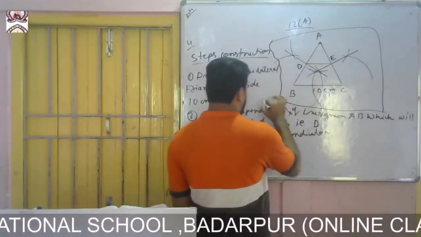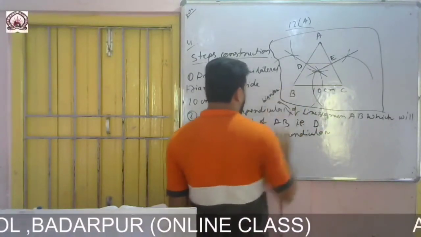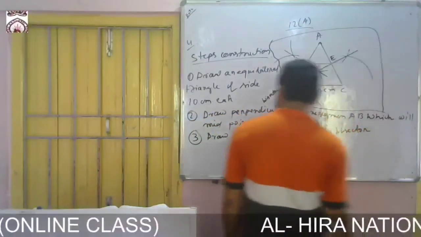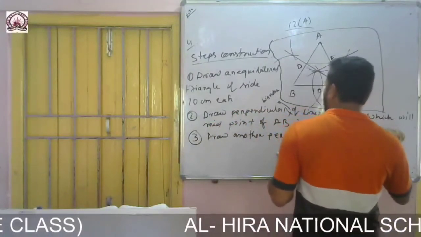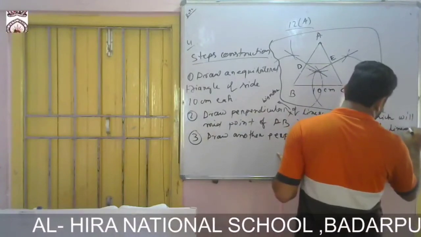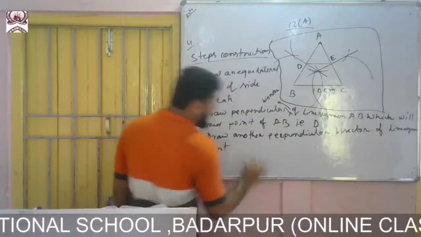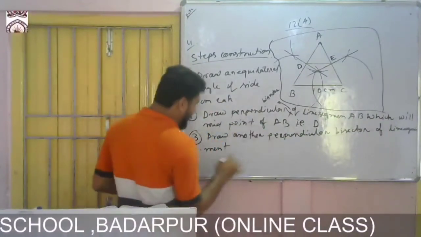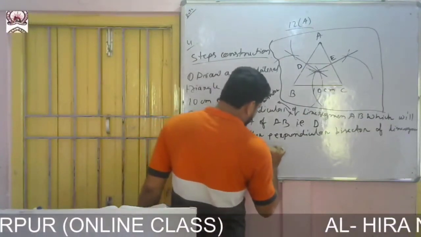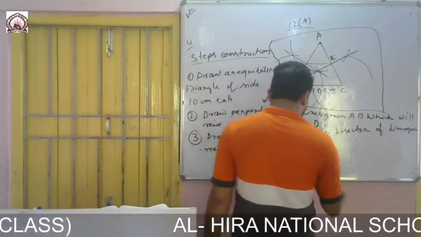Here the word bisector is not written, so write bisector here. Draw another perpendicular bisector of line segment AC, which will give the midpoint of AC at E.